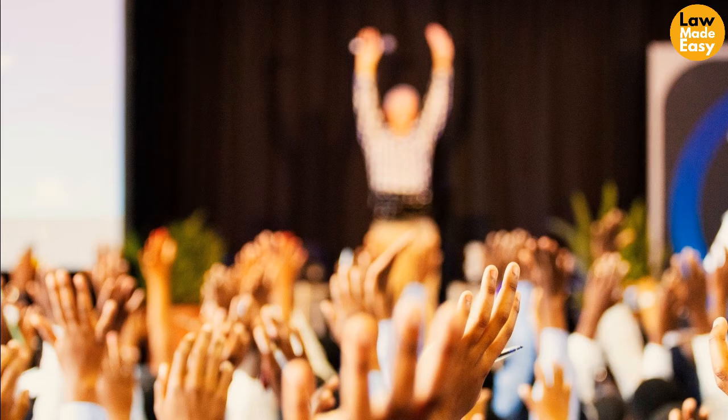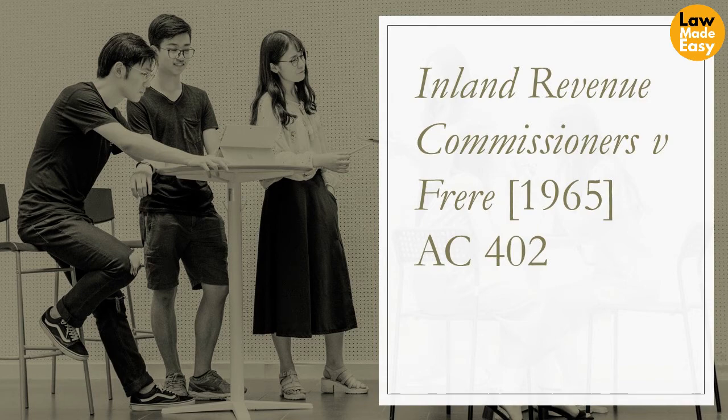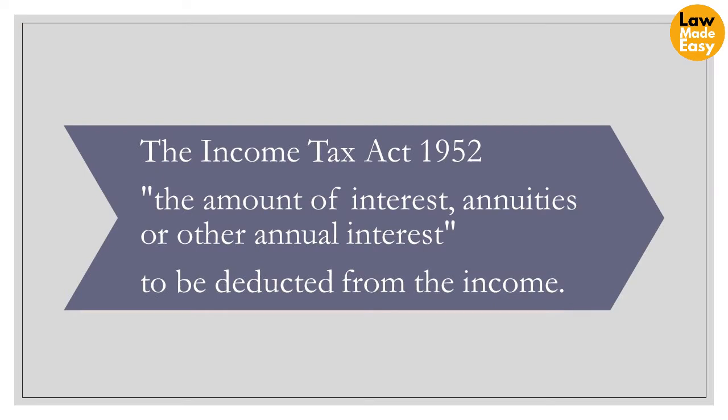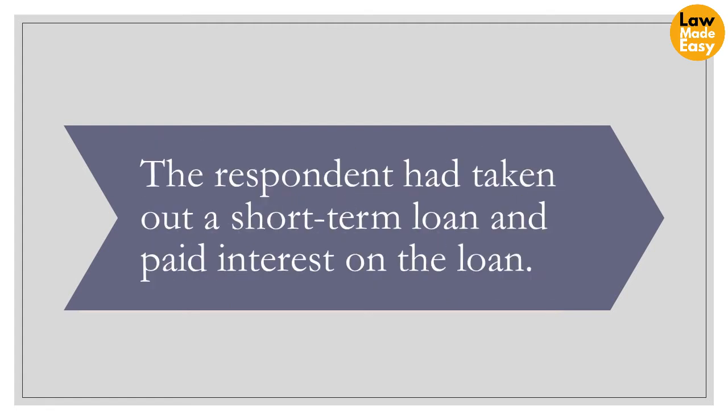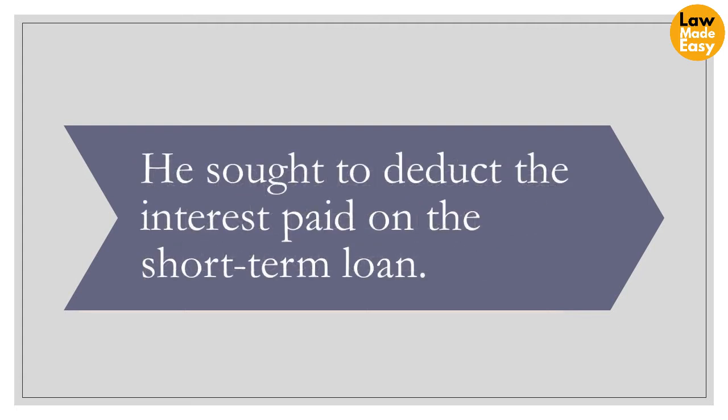Another example of a case in which this rule was applied is Inland Revenue Commissioners v Frere. The Income Tax Act 1958 allowed the amount of interest, annuities or other annual interest to be deducted from the income. The respondent in this case had taken out a short-term loan and paid interest on that loan. For tax assessment liability purposes, he sought to deduct the interest that he was liable to pay on the short-term loan.